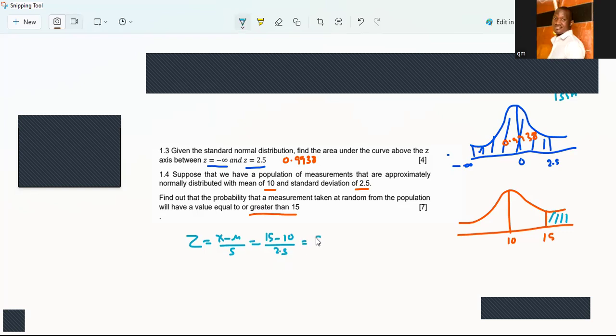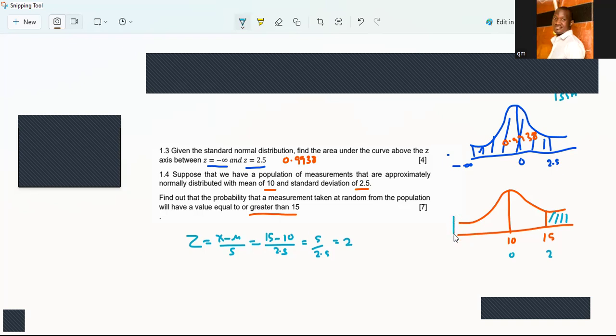What do we get? 5 divided by 2.5 is 2. So the standard value of 15 is 2. How about the standard value of 10? It is 0, always in the middle. So what does the shading tell you? Is it big or small? It is small. Therefore, subtract from 1.